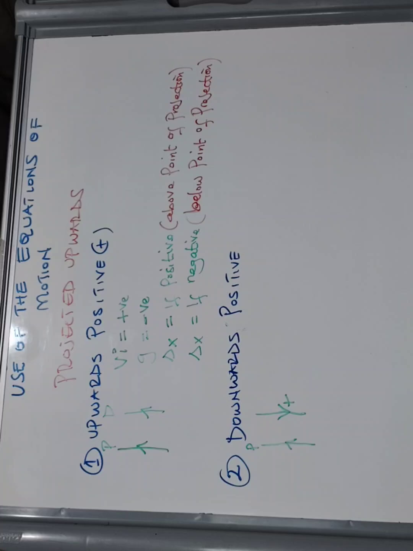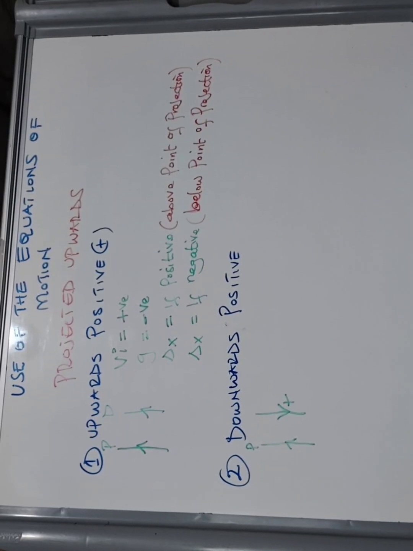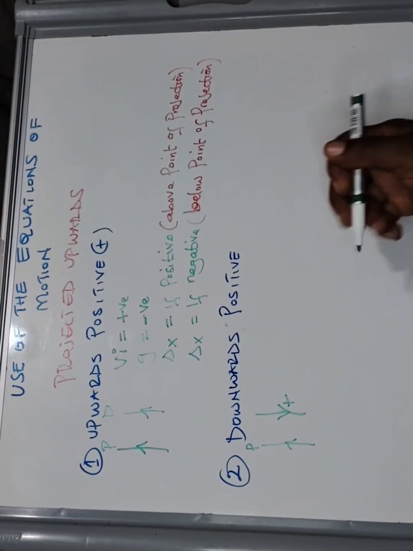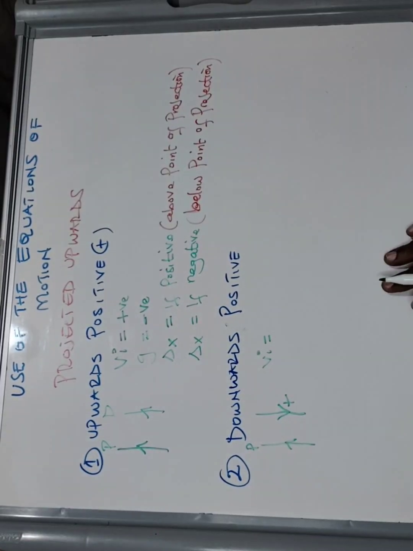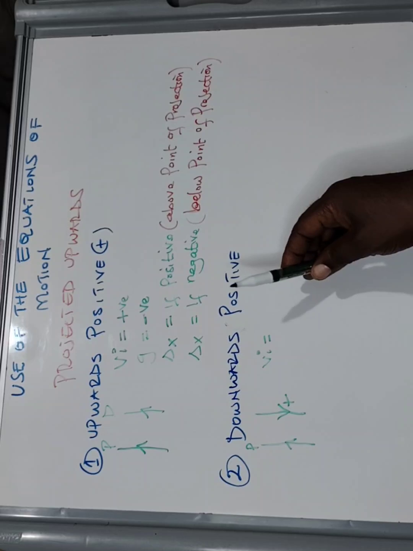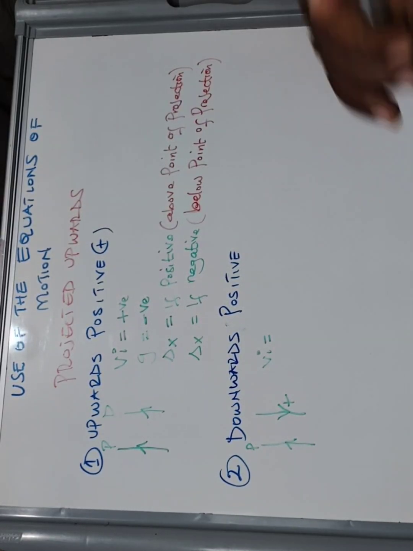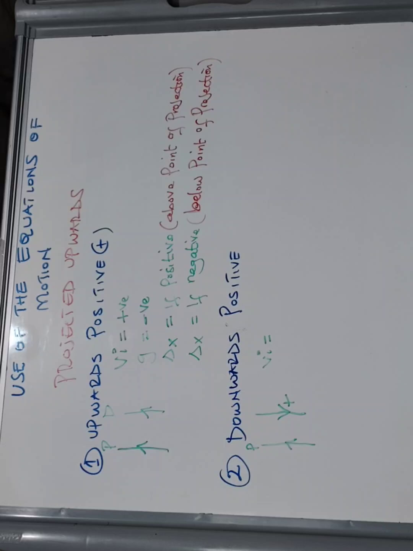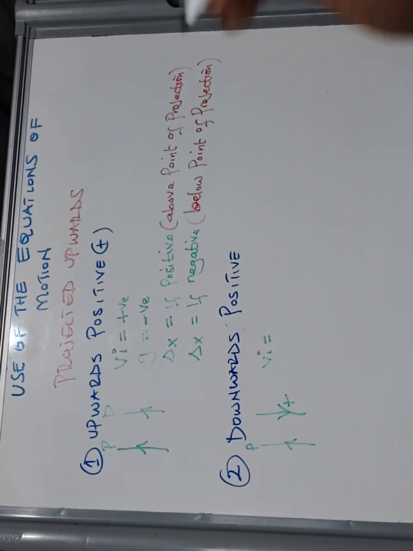Okay. Under that circumstance, what do we do? So this is what we have to remember. Let's start with VI. Our VI is the initial velocity and is projected upwards. But we have taken downward as our positive, which means upward is what?